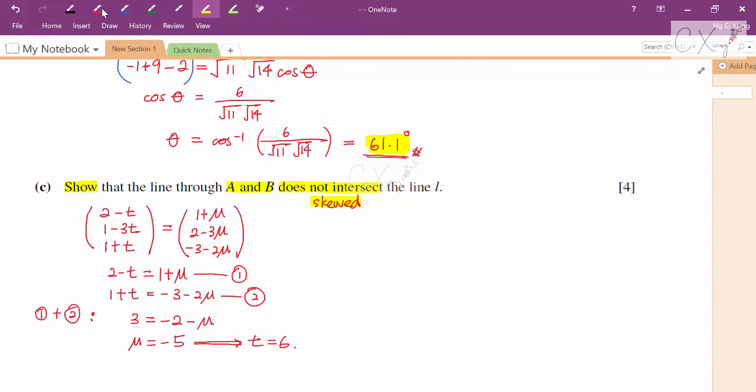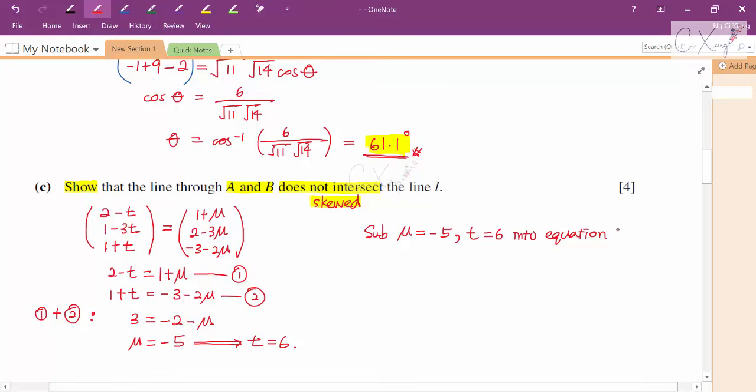So now I want to check whether they do not intersect. I will substitute mu equals negative 5 and t equals 6 into the equation that I never used just now to solve for mu and t.